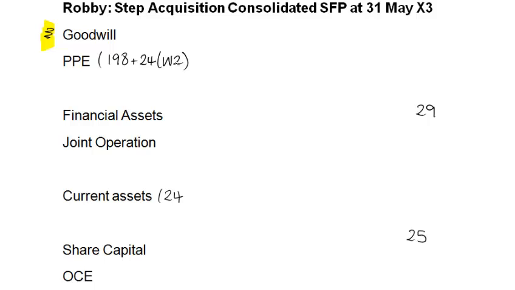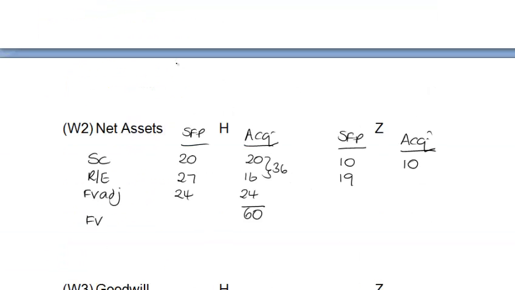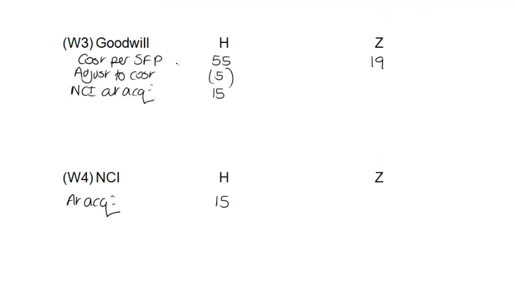So therefore the total cost that should be going into our equation is 21, because the cost of the 5% is 5, and the cost of the 55% is 16. 5 plus 16 gives us 21. So if I go to my goodwill calculation, I've got a figure of 19.